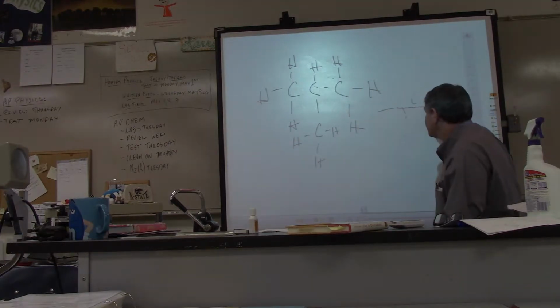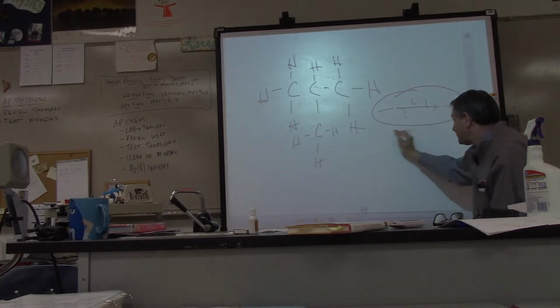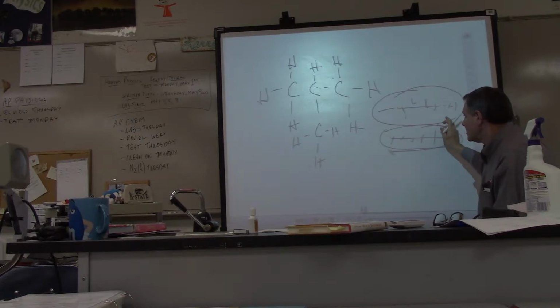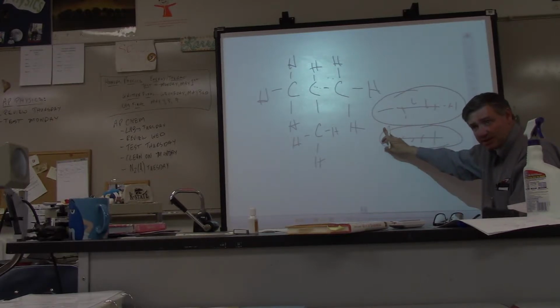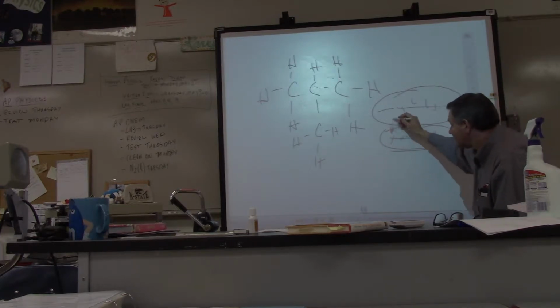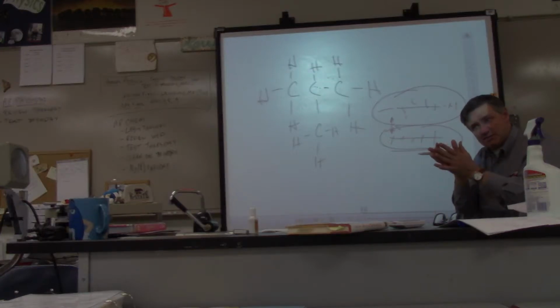Yeah, so this boiling point here will be higher because when they sit there like this, they have a lot of surface area that can come in contact. So if you create a disturbance in this electric field, then it's easy to transfer that disturbance to the other one because they're right beside each other.